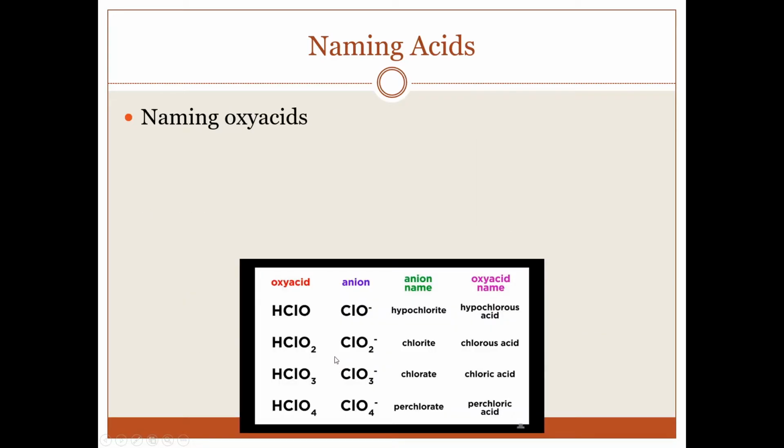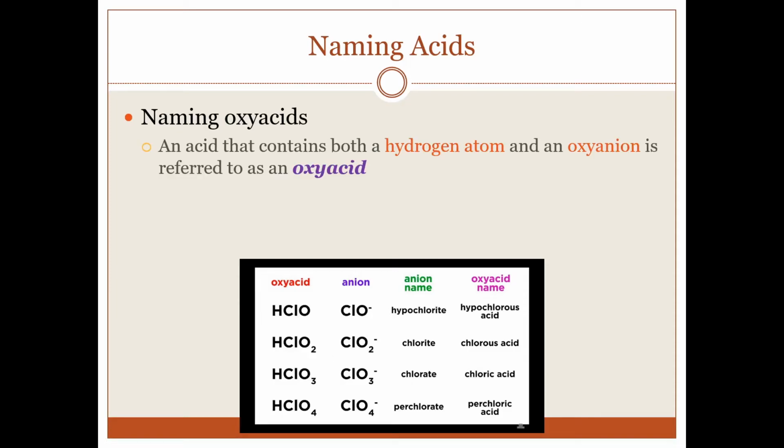Naming oxyacids. An acid that contains both a hydrogen atom and an oxyanion is referred to as an oxyacid. So an oxyacid is going to be a polyatomic ion. So poly meaning many, atomic meaning atoms, so many atoms. So in this case we have HClO.